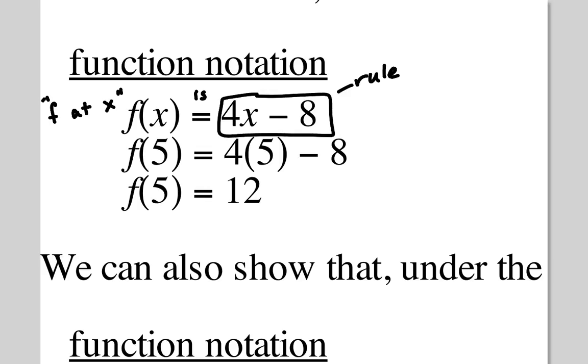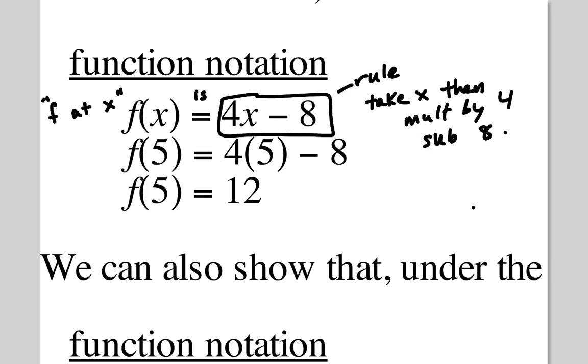So that means this is the rule. What does the rule say? Everybody's with me? What does the rule say? Take x and do what with it? Take x, then multiply by 4, then subtract 8. That's the rule.